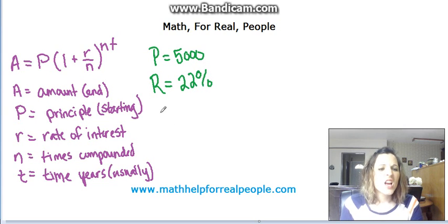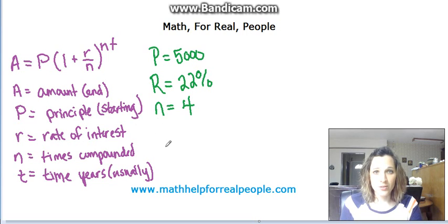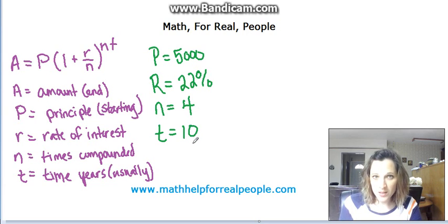Ugh. And let's say our number of times compounded is quarterly. Now remember, quarterly means 4 times a year. I don't know if this is anything specific, but you get the idea. And this is going to be 10 years. So this is as if you did not make a payment on it for 10 years, how much $5,000 could accumulate to if you're owing on a credit card for this much.